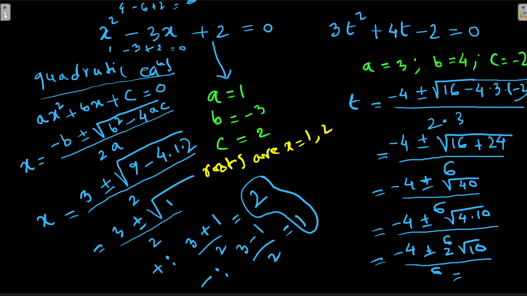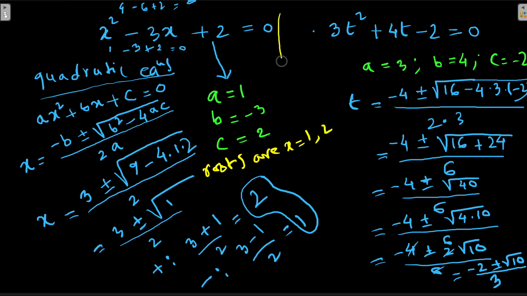Therefore now if you cut this by 2, you will get minus 2 plus minus root 10 by 3. So there are two values, minus 2 plus root 10 by 3 and minus 2 minus root 10 by 3. These are the two solutions of this equation, which means they are the roots. So in the second case, what are the roots?